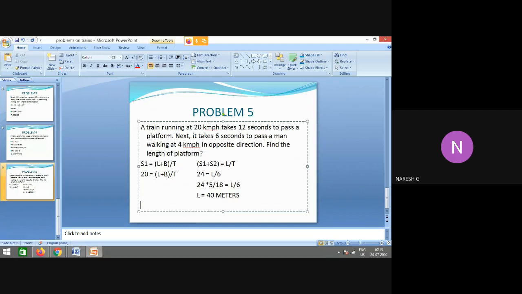Now substitute this L value in the first equation. 20 into 5 by 18, we are converting kilometer per hour to meter per second, equal to the train length, 40 meters, plus the bridge length we have to calculate, divided by 12 seconds.